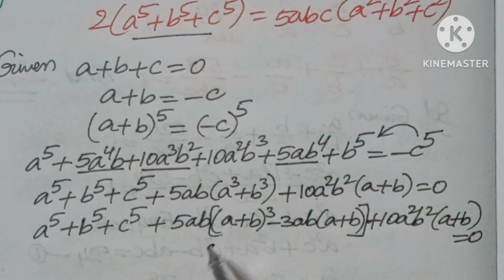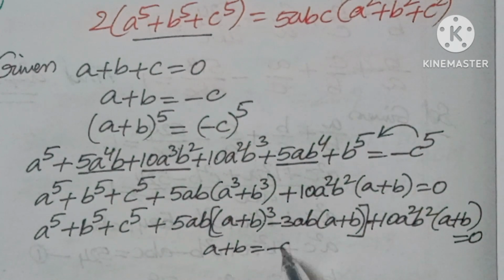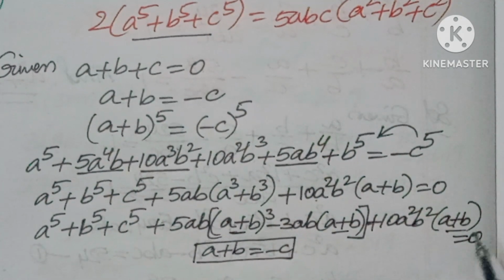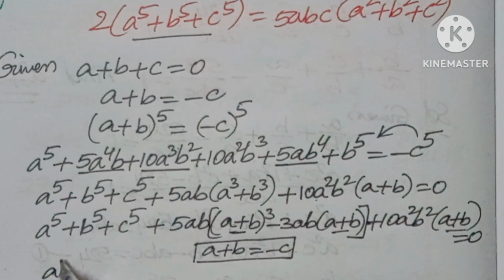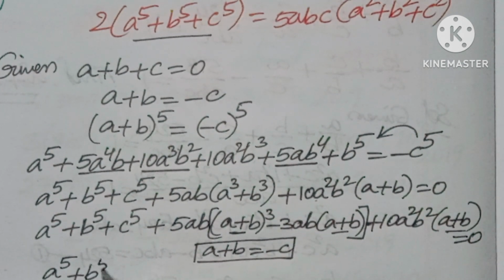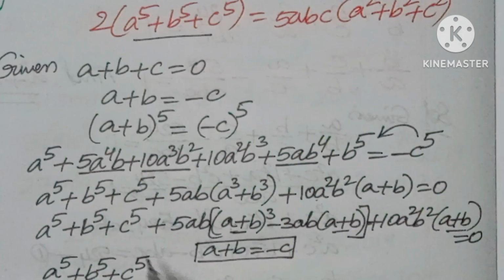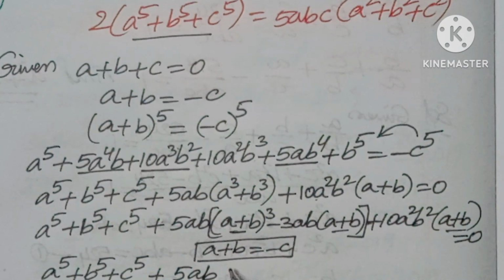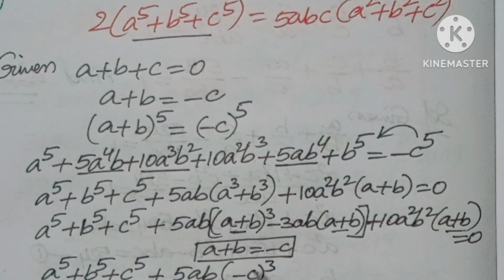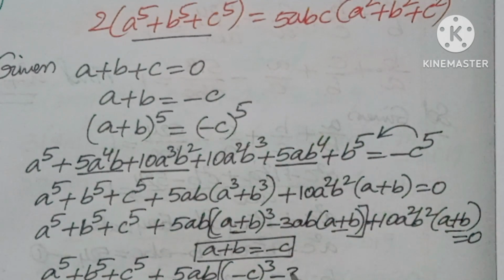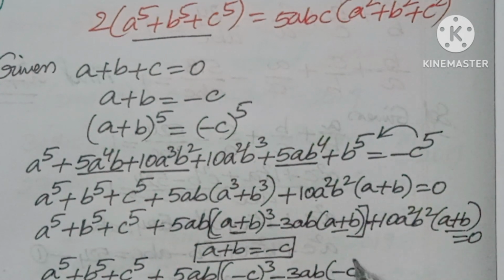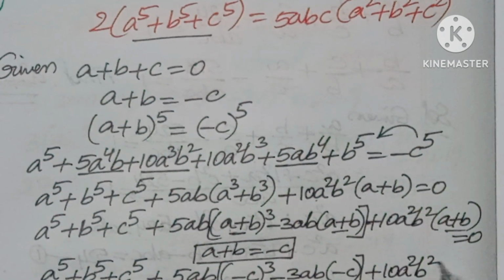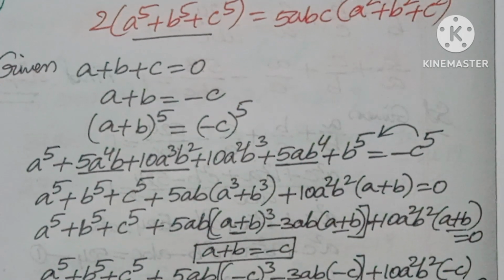Now here already we know that a plus b is equal to minus c. Now replace this value here, here and here. So we will get a to the power of 5 plus b to the power of 5 plus c to the power of 5 plus 5ab of minus c cube minus 3ab of minus c plus 10a square b square minus c equal to 0.